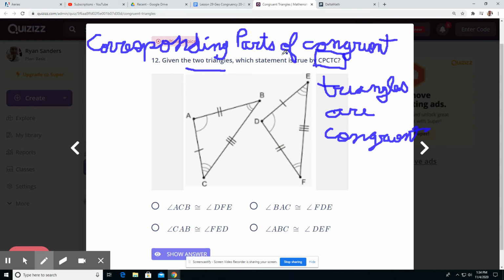All right, corresponding parts of congruent triangles are congruent. So what that means is the pieces, so let's switch colors so you can see. These are the pieces, P-I-E-C-E-S, the pieces, corresponding parts of congruent triangles.